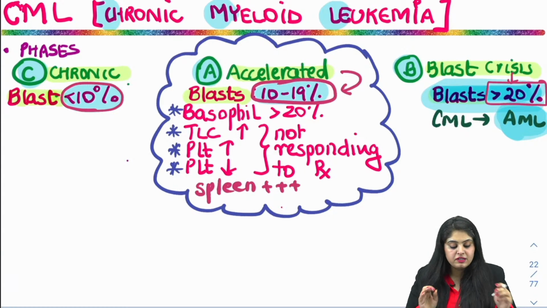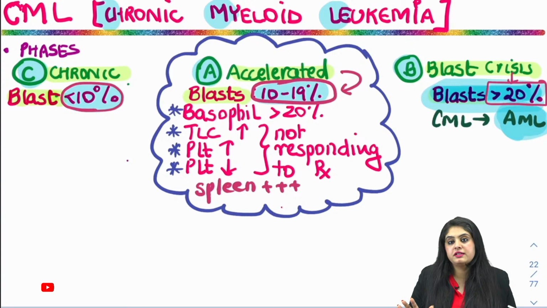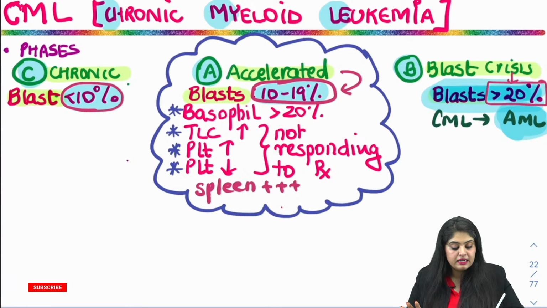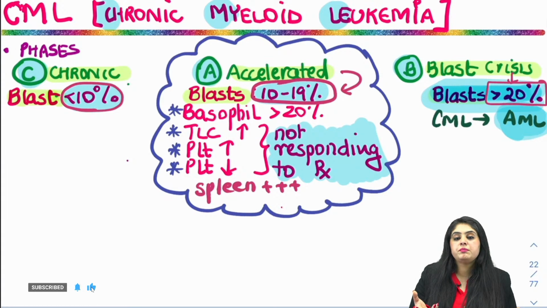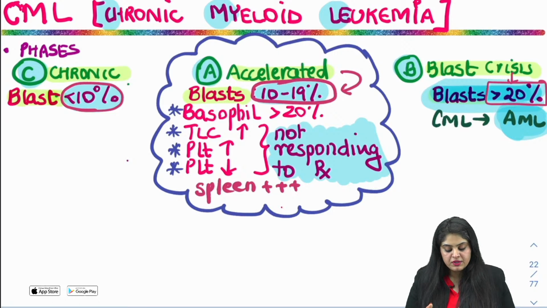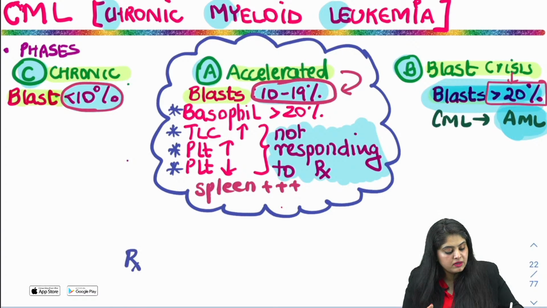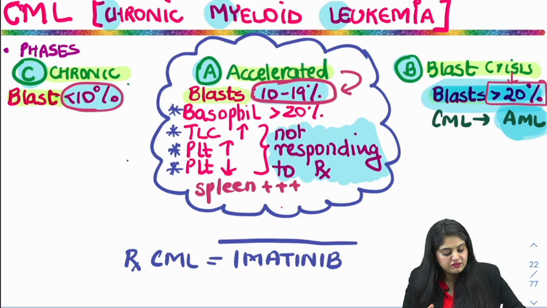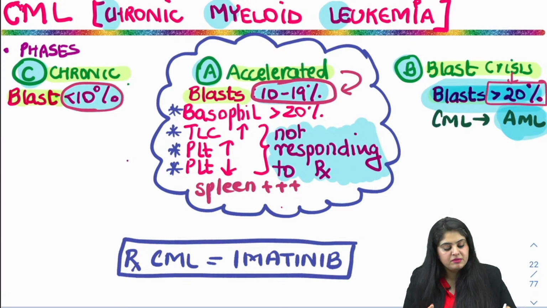Whatever is mentioned after that comes under the accelerated phase, and the problem is that nothing is responding to treatment. I am giving treatment to the patient, but the patient is not responding. So tell me the treatment also, guys. What is the treatment? The famous drug for treatment is imatinib.